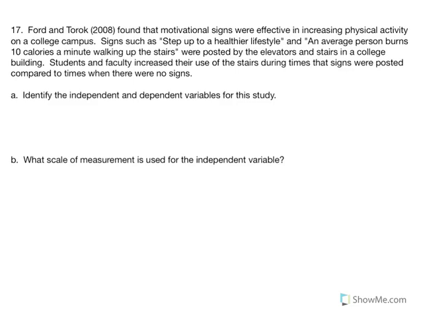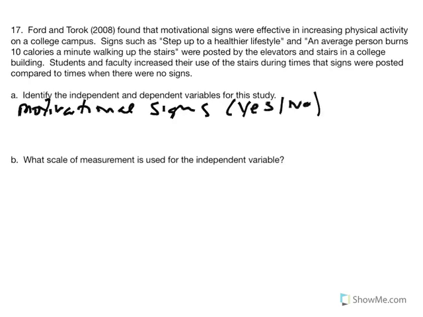All right, so in this case, what has an effect on what? What are they measuring in the end, the outcome? So they increased their use of stairs during times that the signs were posted compared to the times when there were no signs. So we would say that the presence of the motivational signs, whether they were present or not, could be thought of as either yes or no. They were present, they were not present.